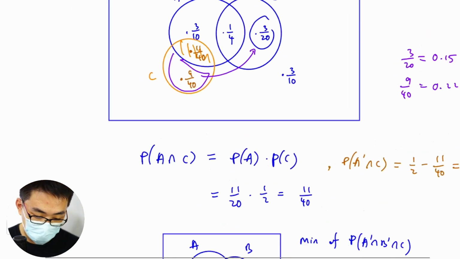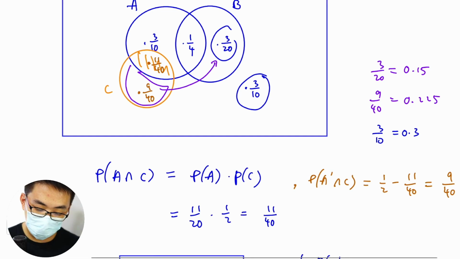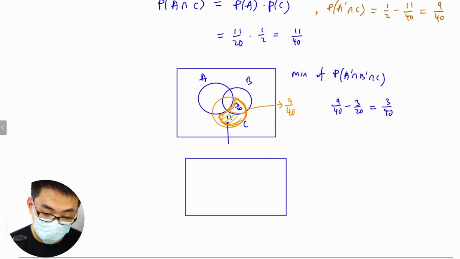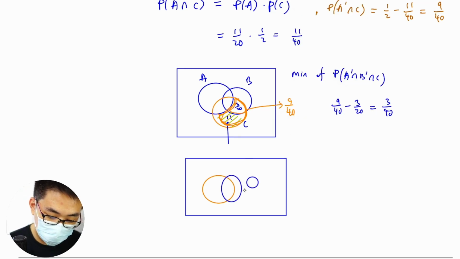I want to check whether the outside can accommodate 9/40. 3/10 is actually 0.3, so you can. So essentially, you can have another case here where this is C, this is A and B. This will be 9/40 outside.